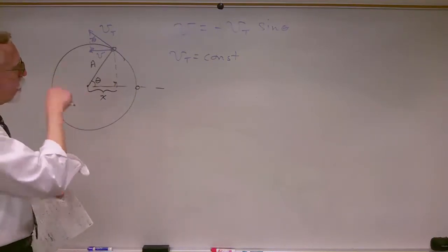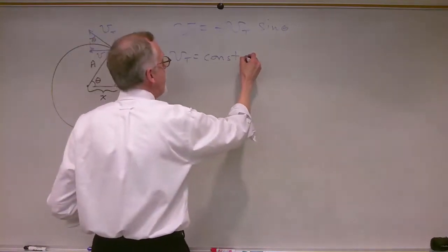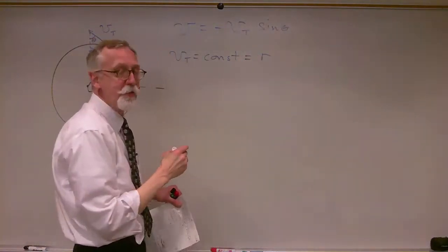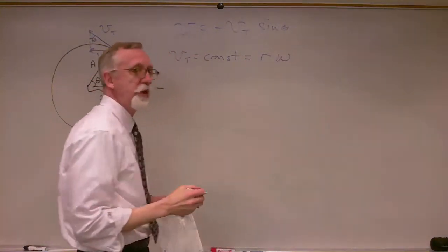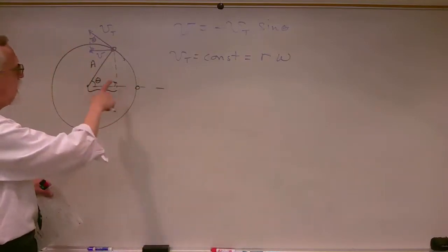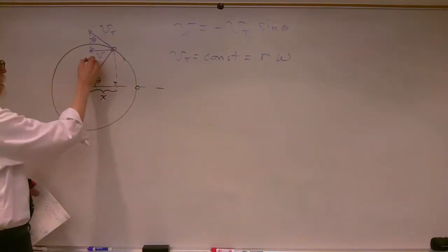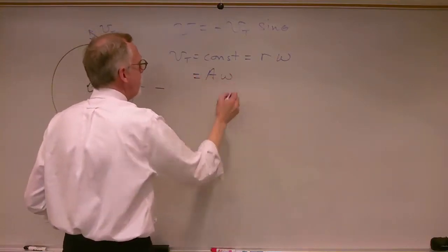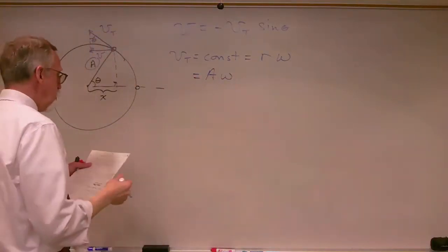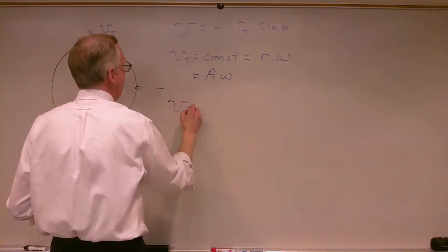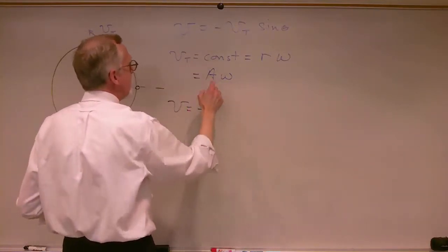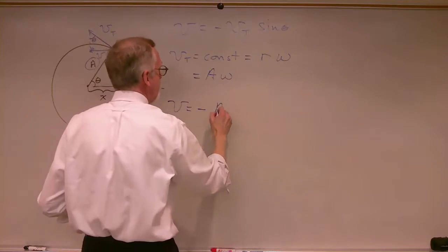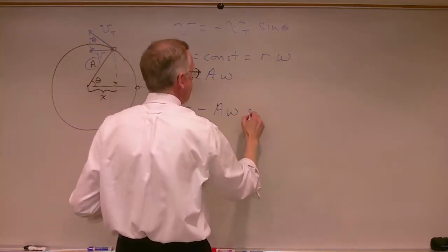And we know from our uniform circular motion that that is equal to the radius of the motion times the angular velocity of the motion. The radius of our particular motion is the amplitude a. So we can write this as a omega. So we can write our velocity then as minus Vt, which is a omega, sine theta.